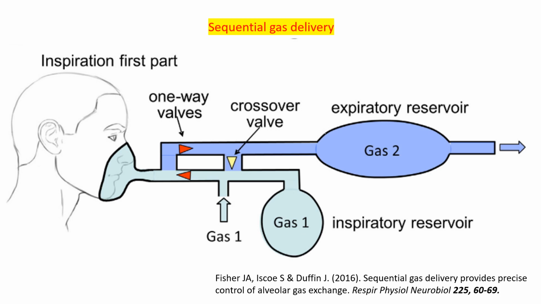During inspiration, the specified gas mixture destined to control arterial blood gases, gas 1, comes from the inspiratory reservoir at first via the red one-way inspiratory valve.